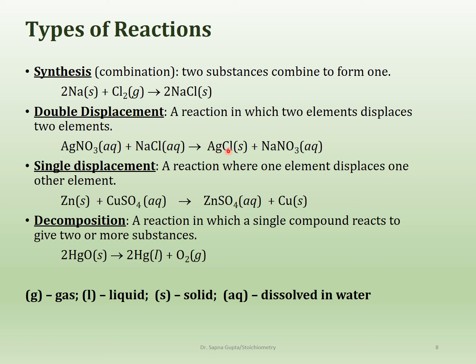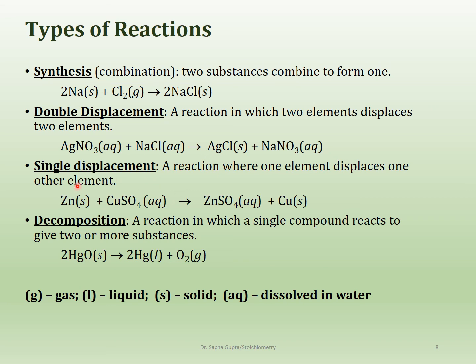In the case of double displacement, there are 2 substances, and in both of them the cation and the anion will exchange. So for example, silver is a cation which will exchange with the chloride anion of sodium chloride. So silver nitrate plus sodium chloride go through double displacement to give silver chloride and sodium nitrate at the end. So that's called a double displacement.